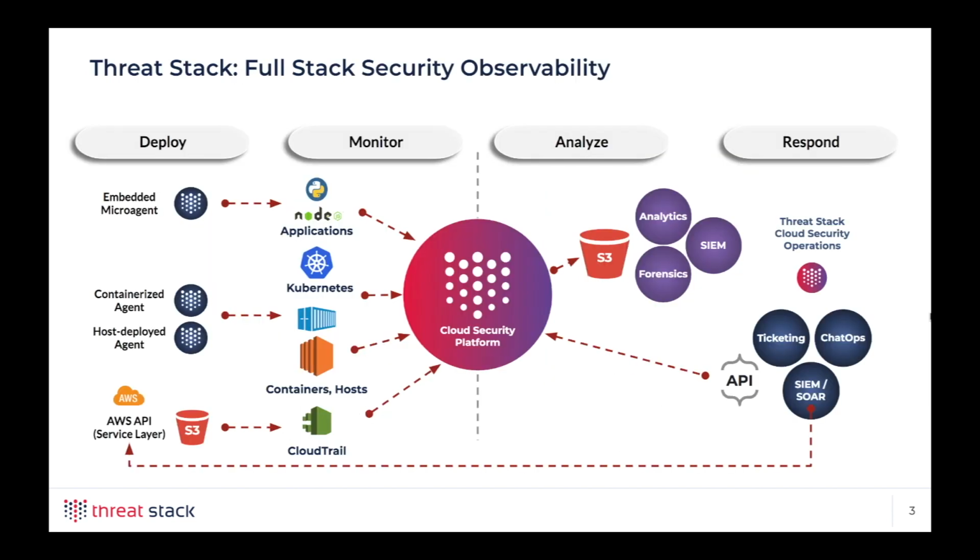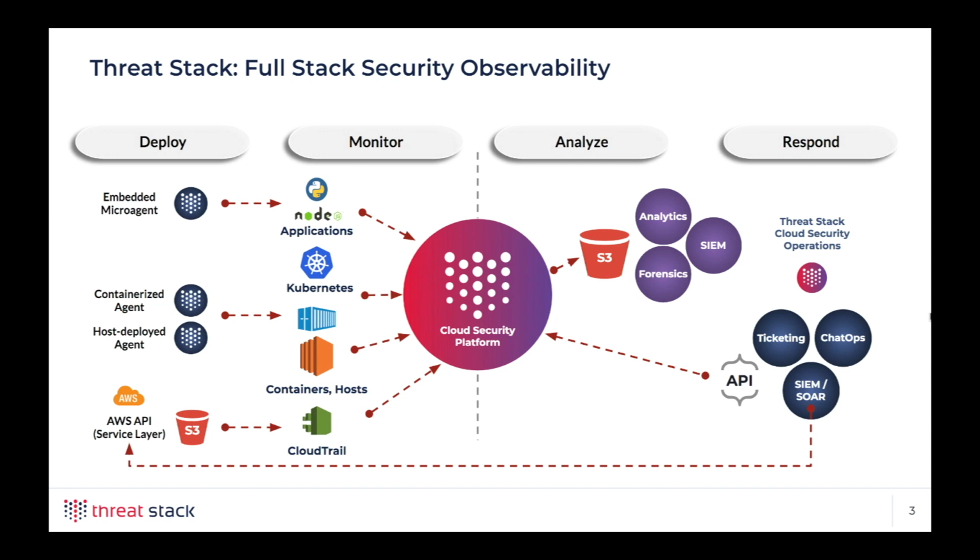For folks who may not already be familiar with ThreatStack, I'm not going to talk too much about the platform up front, but I wanted to quickly show this picture because it's something we'll refer back to as we talk about the episode we're going to drill down into today. At its most basic form, ThreatStack takes signals in from across an entire cloud stack.